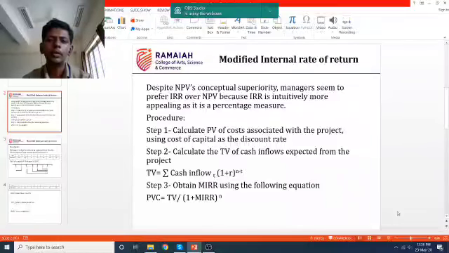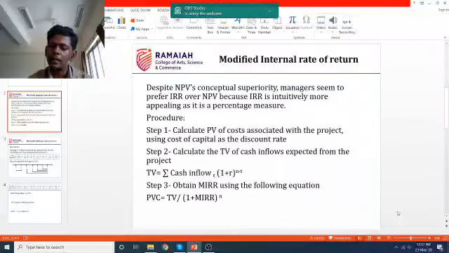Usually, when you talk about the present value of cash outlay, it would be the cost you have spent itself. For example, today if I'm spending 3 lakh rupees, that itself will become my present value of cash outlay. Second, calculate the terminal value of cash inflows expected from the project. You have to compound each cash inflow to a certain date, that will be the terminal date.